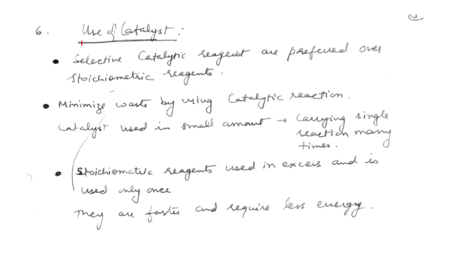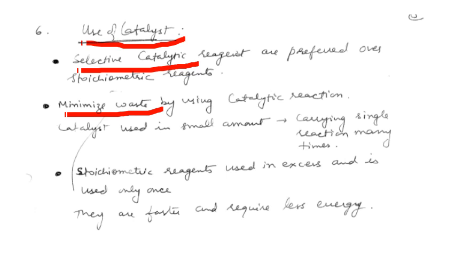The next principle is use of a catalyst. A selective catalyst should be preferred over stoichiometric reagents. It should minimize the waste. A catalyst is always used in a small amount, and it can be reused and used for many types of reactions, or the same reaction many times.